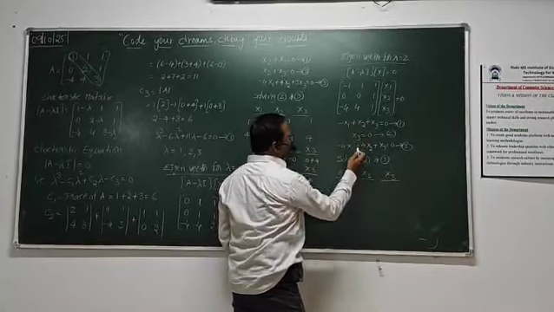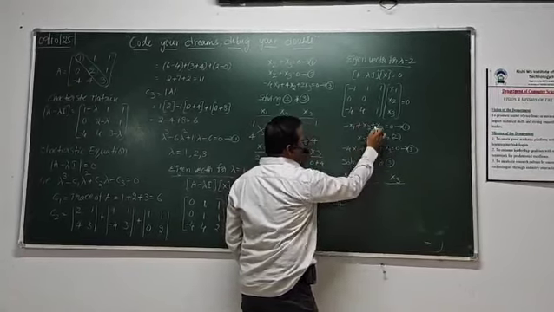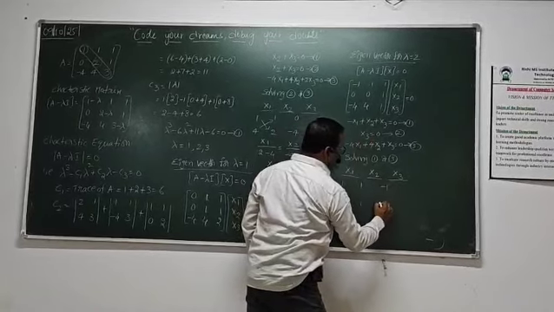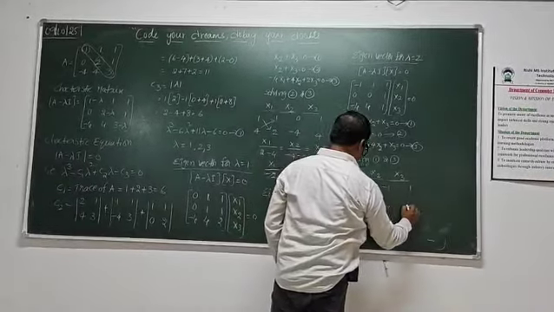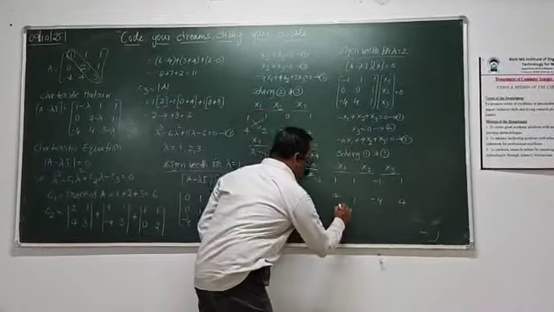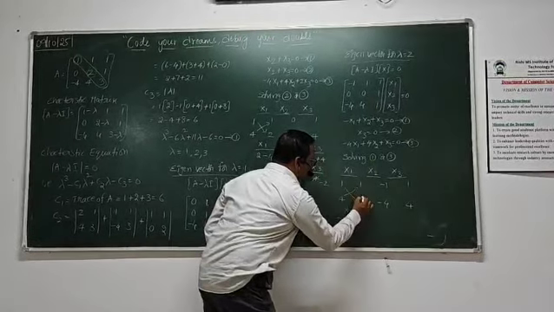Write down the x2 coefficients 1, 4. Again x3 coefficients 1, 1. Again x1 coefficients minus 1, minus 4. And again x2 coefficients 1, 4. Now find the x1 value, cross multiplication of this one minus this one.